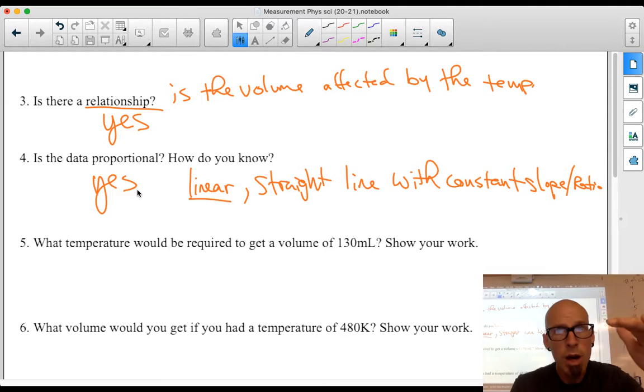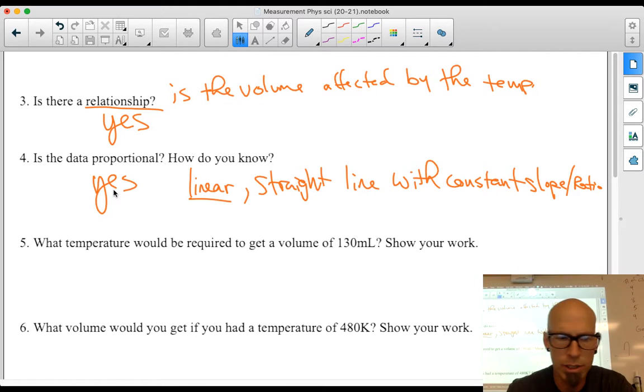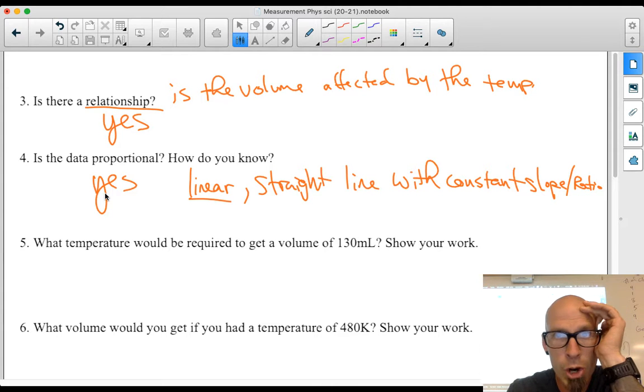So it can be one and not the other. Now, it can't be yes for proportional and no for relationship, because if it's proportional, that means there is a relationship. But it can be yes for relationship and yet no for proportional if the line is curved and not constant slope. I hope that makes sense.